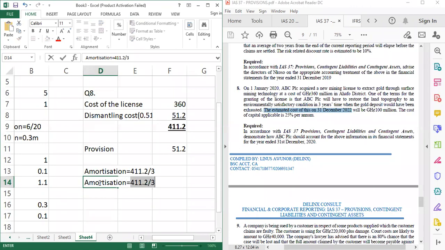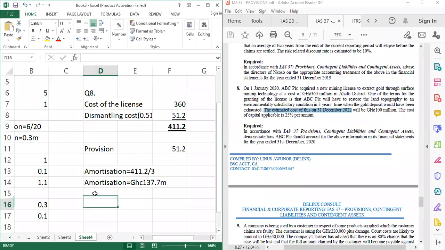What is the value of amortization? 137.07. This will be in millions, isn't it? So this is the amortization, the amount that we are going to charge to profit or loss at the end of every year.